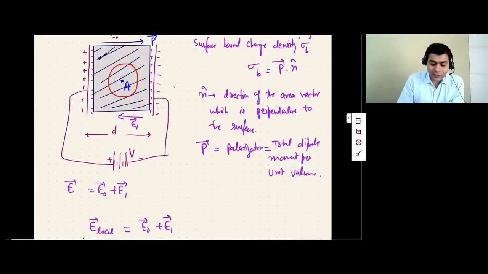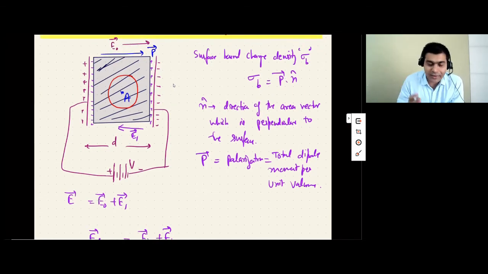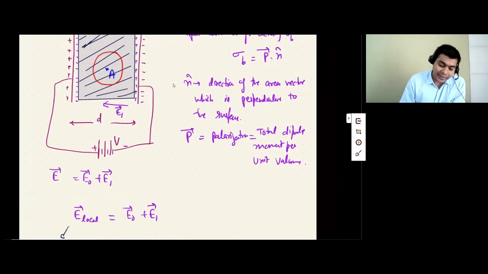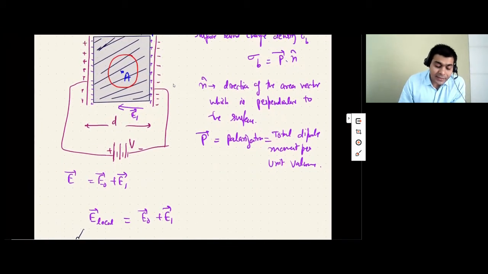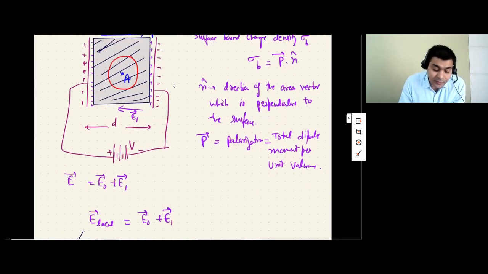He said that the total net electric field at A will be the resultant of E0, the applied electric field, E1, the field produced due to the polarization of the dielectric, plus the electric dipoles present in this cavity area.